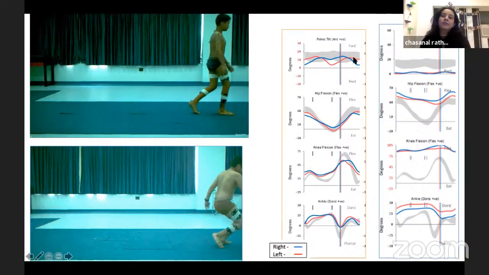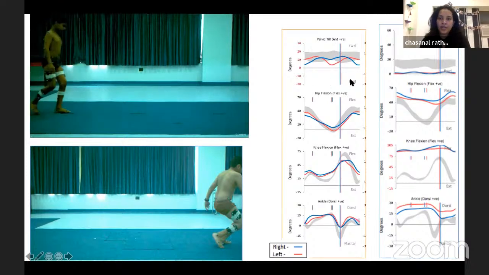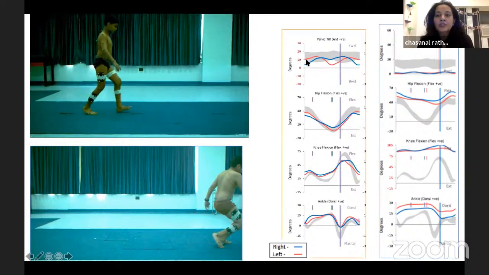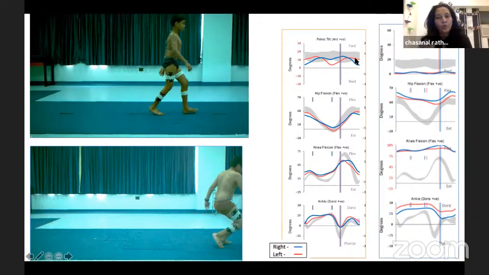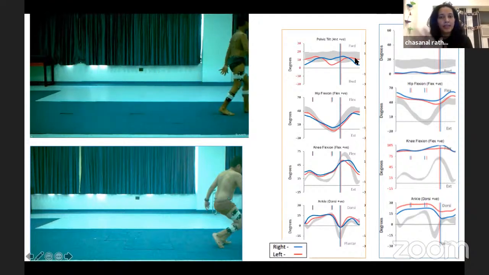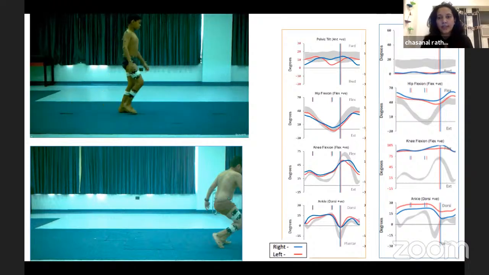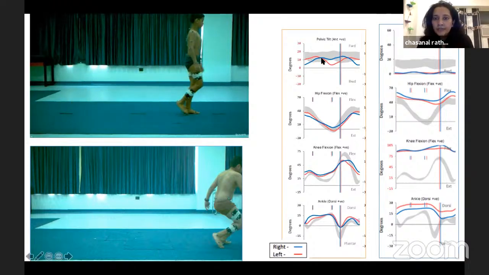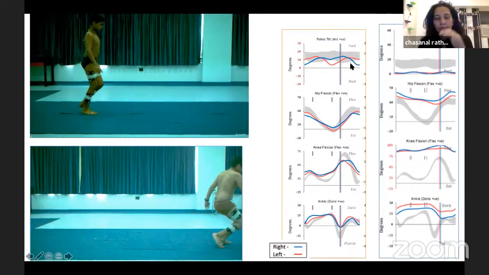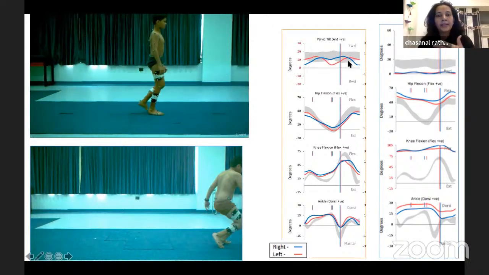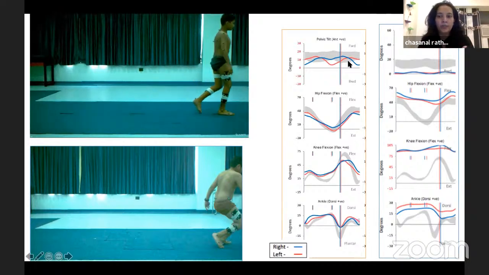This line divides it into stance and this is the swing phase. These graphs ideally should follow the gray pattern because the gray is a normative graph as per the child's age and sex. Here we see a slight double bump, but the graphs are much closer to the gray pattern and not deviated from normal.